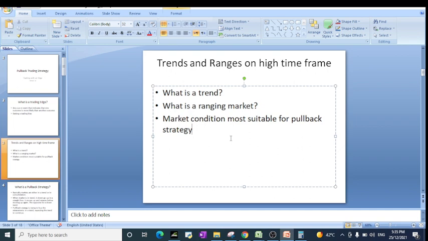All this might be correct because these people have probably done their own work in their own way to come to that conclusion. But I'm going to show you guys how I decide what a trend is.